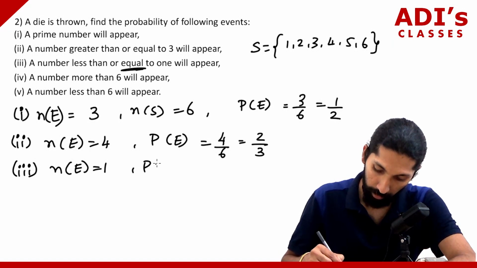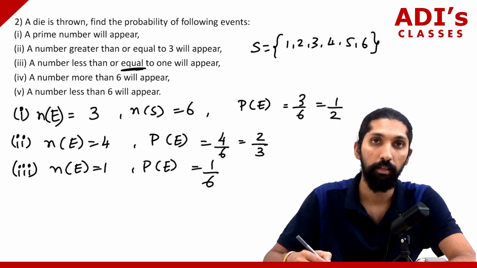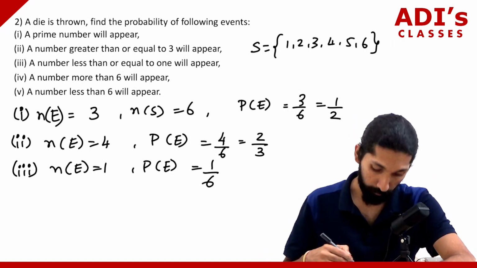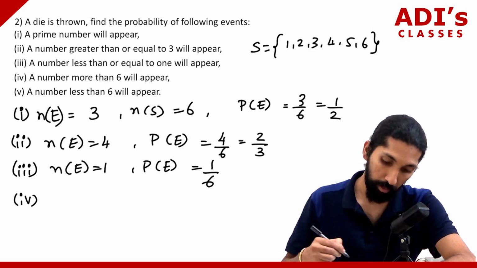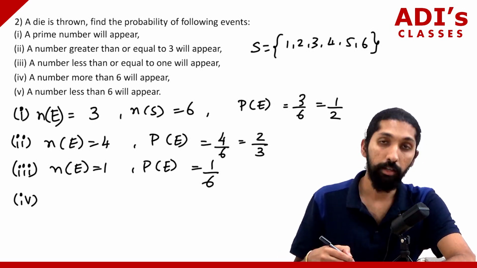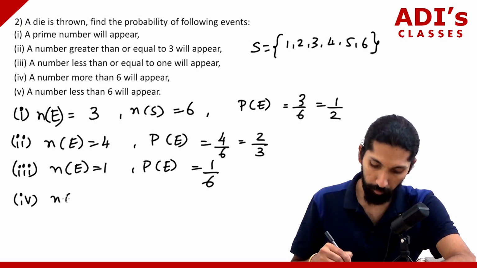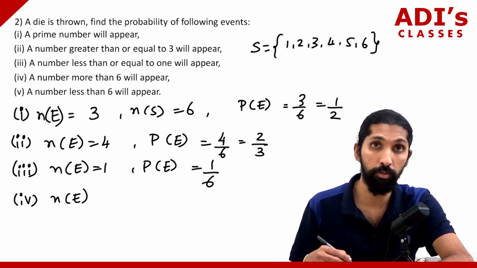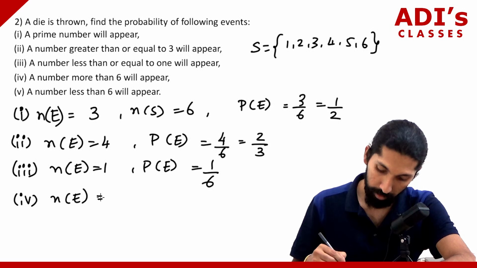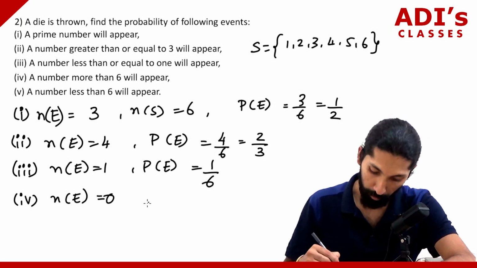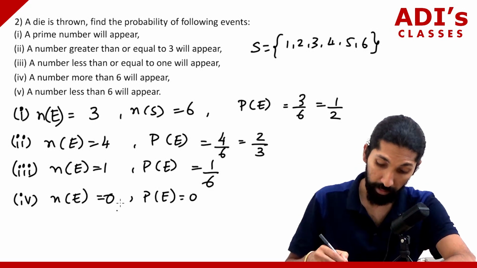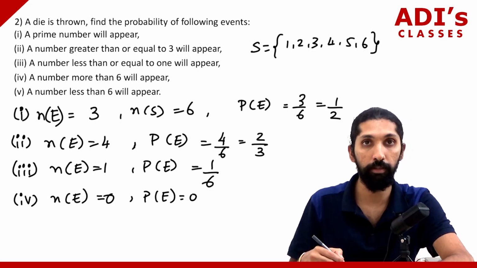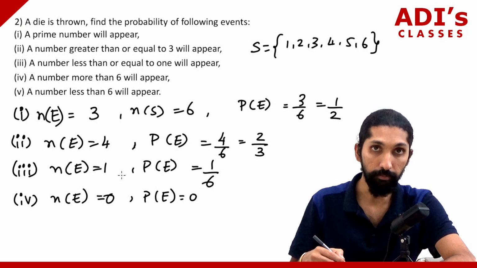So P of E is going to become 1 divided by 6. Correct? See the fourth sub question. A number more than 6 will appear. Now, do you have a number more than 6 anywhere here? No, right? So N of E becomes 0. So the probability of the event is going to be 0, which basically is an impossible event. Fine?